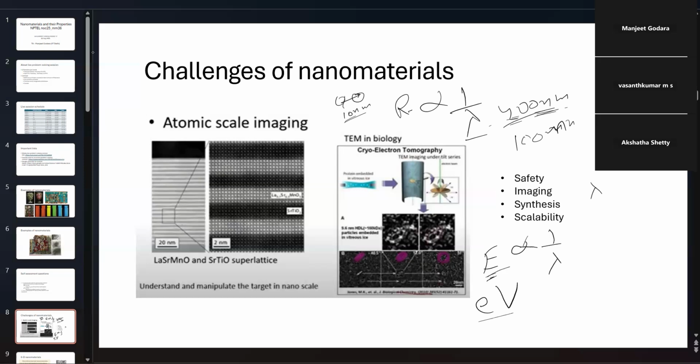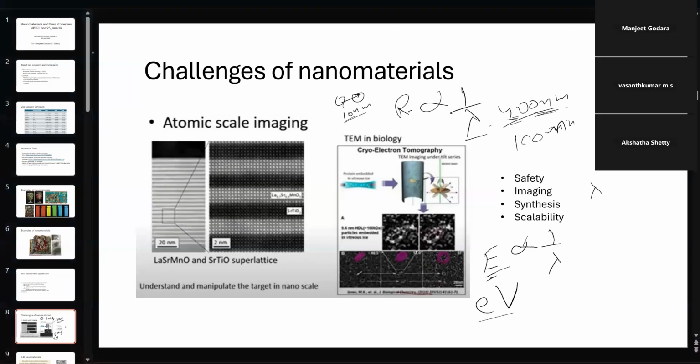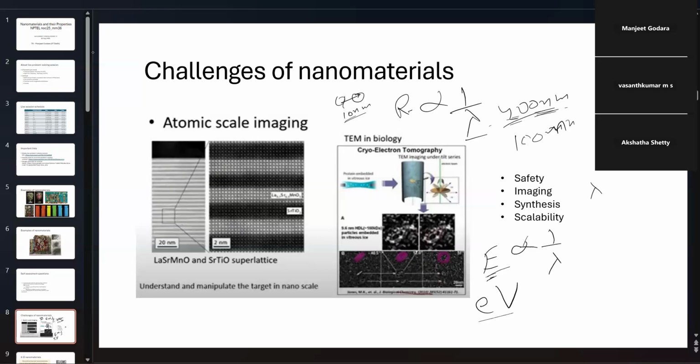And if you remember the de Broglie wavelength, lambda is equal to h upon p, where p is the linear momentum.